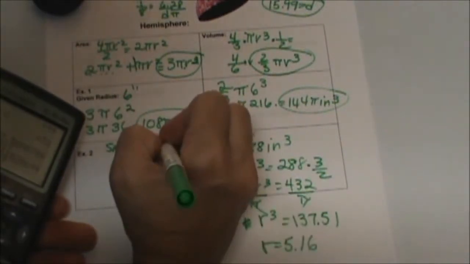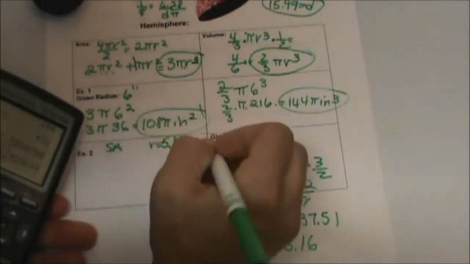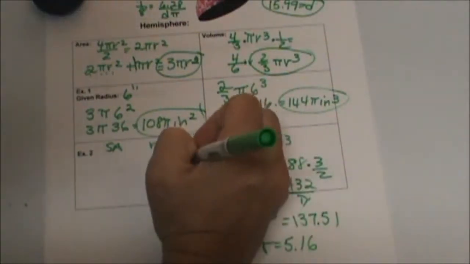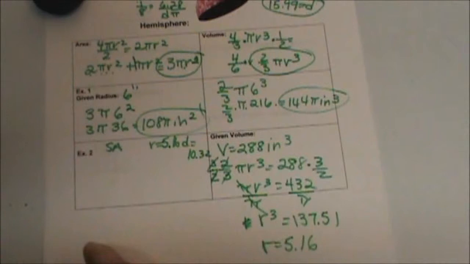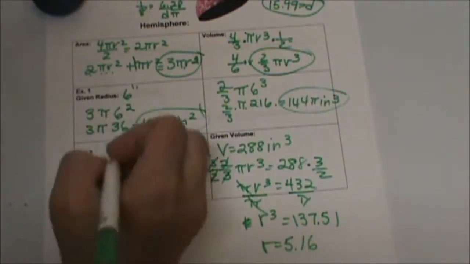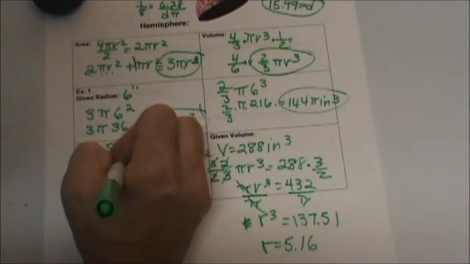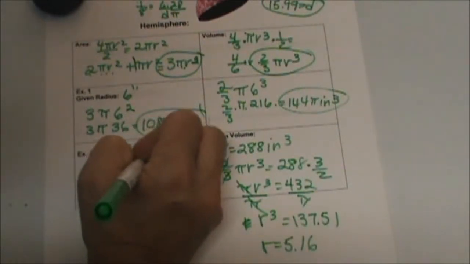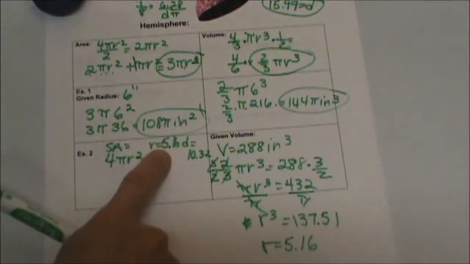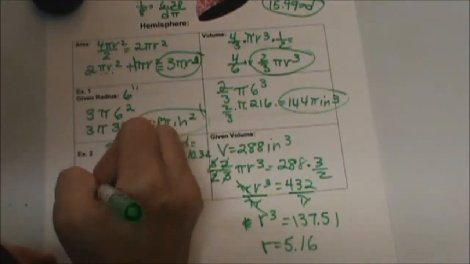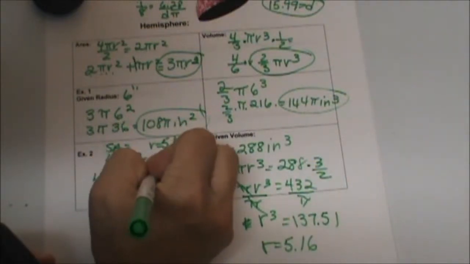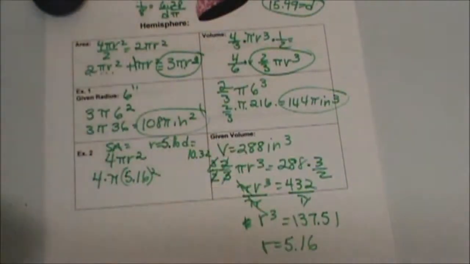Okay, so I found my linear measurement. Now, what's my diameter? Times 2. So what's that? 10.32. Just double that. Now I need to find my surface area. Surface area is 4 pi r squared, just a square. So let's take our radius of 5.16 and plug it in. 4 times pi times 5.16 quantity squared.